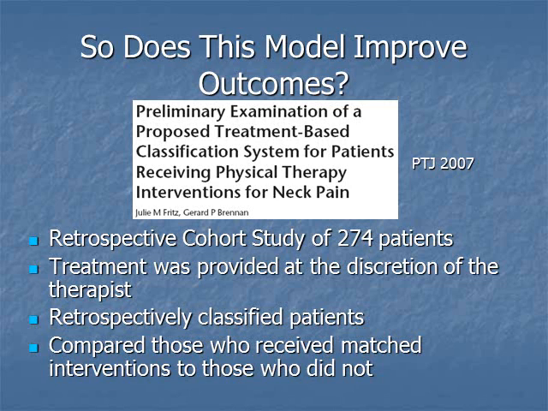Treatment was provided at the discretion of the physical therapist, and then the researchers retrospectively looked at patient charts, classified the patients as receiving appropriate interventions for the classification or inappropriate interventions, and then looked at whether there were differences between those groups of patients.